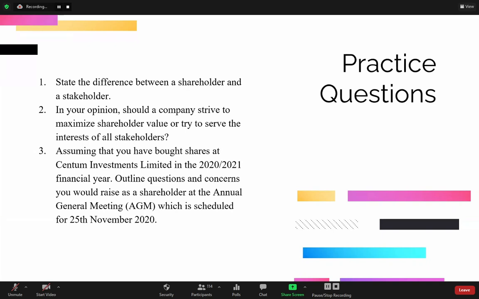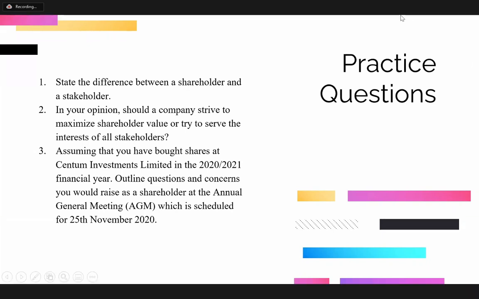Rebecca's put up her hand. Yeah, Rebecca, go ahead. I can just try. Shareholders are always holders, but stakeholders are not always shareholders, because shareholders own shares, which are essentially part of the corporation or organization.